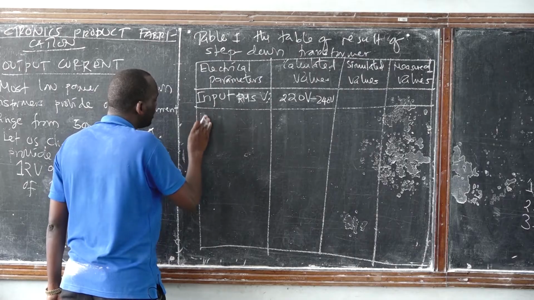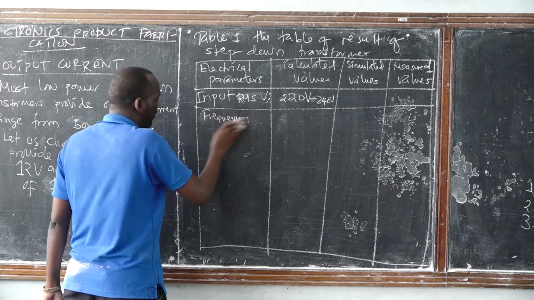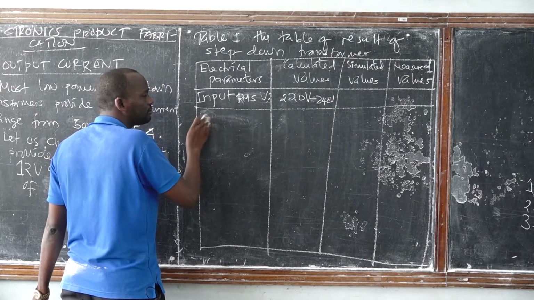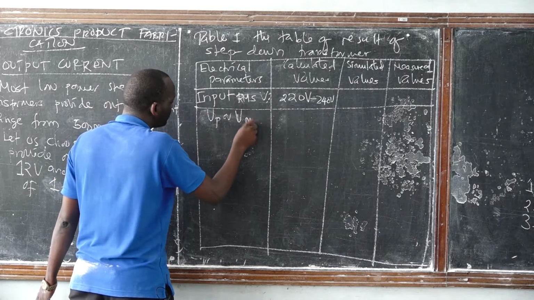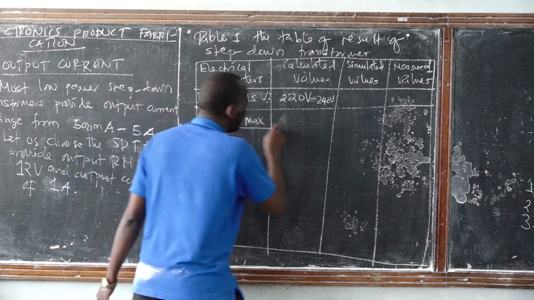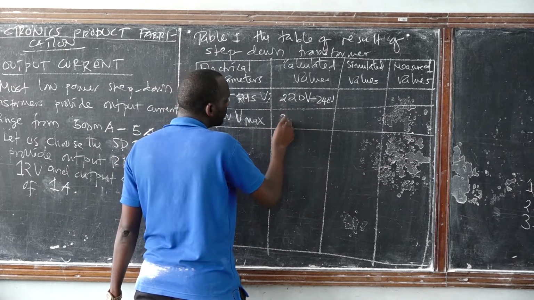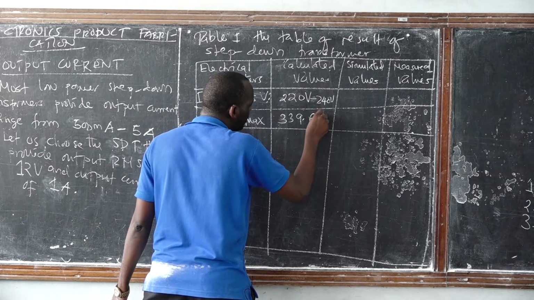Frequency. Frequency actually does not change. The other one is what? V peak or V maximum. What is it? 300? 26, 104.